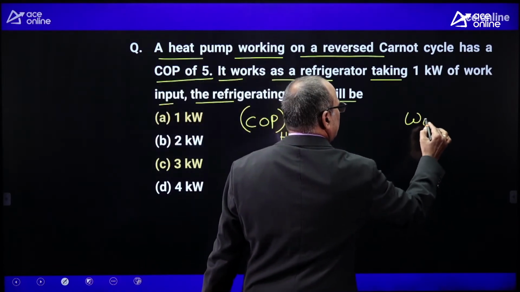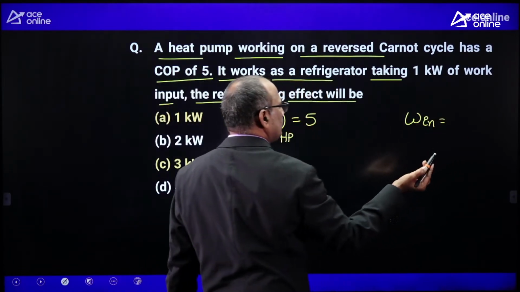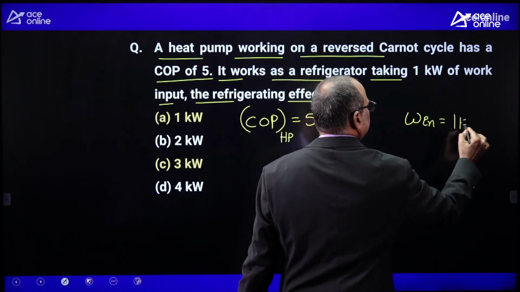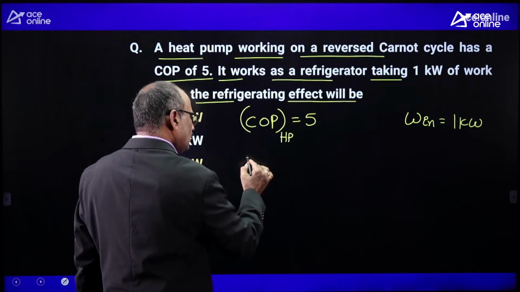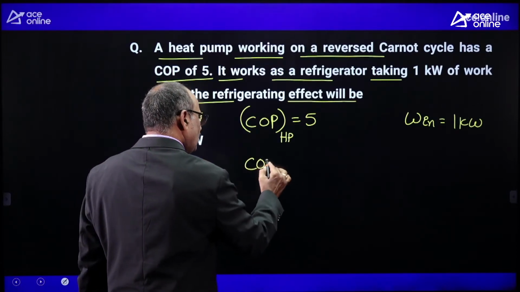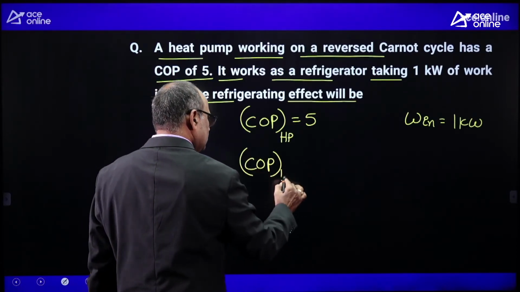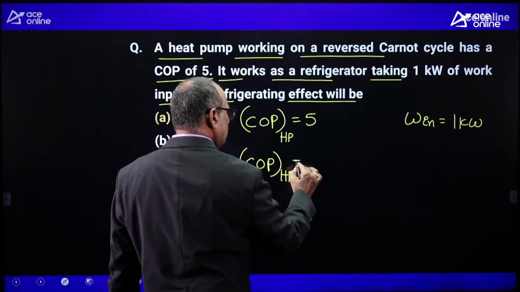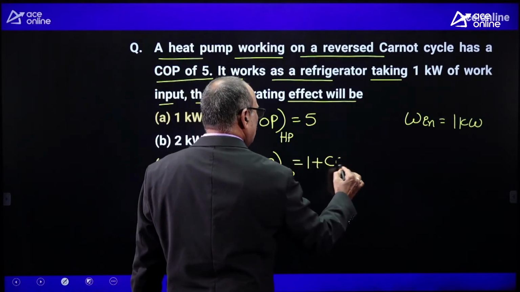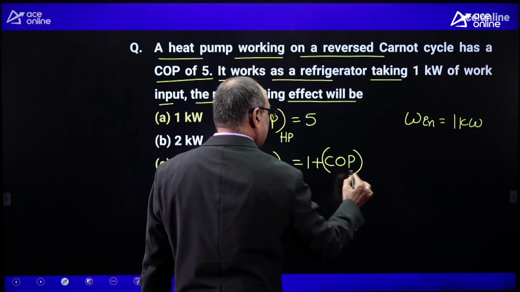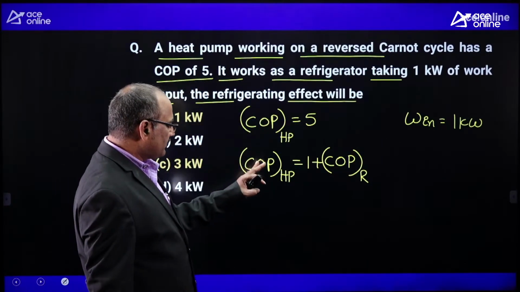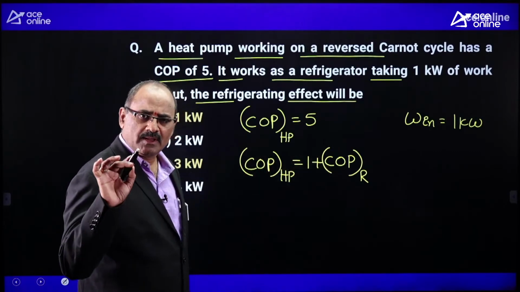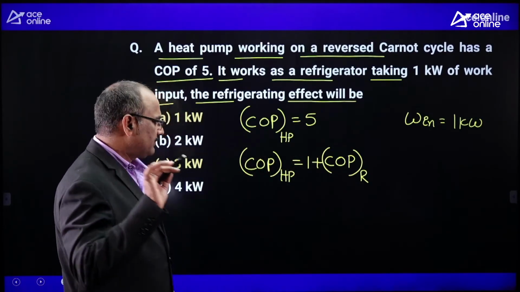The refrigerating effect will be the work input given. The work input is 1 kilowatt. Okay. As you know, the COP of the heat pump equal to 1 plus COP of the refrigerator. That is the relation between the COP of the heat pump and COP of the refrigerator.